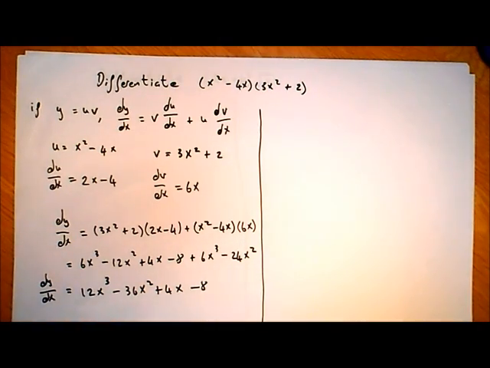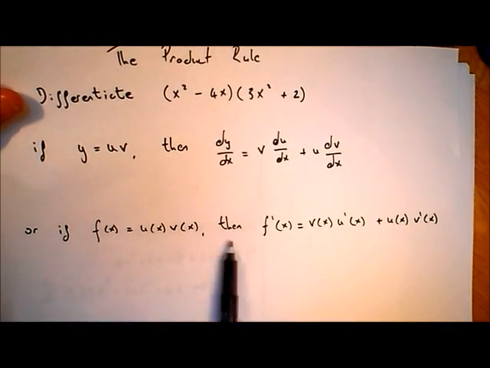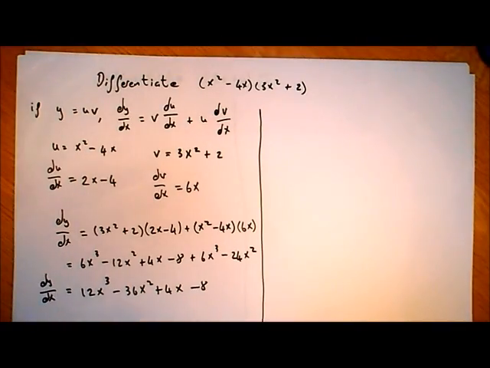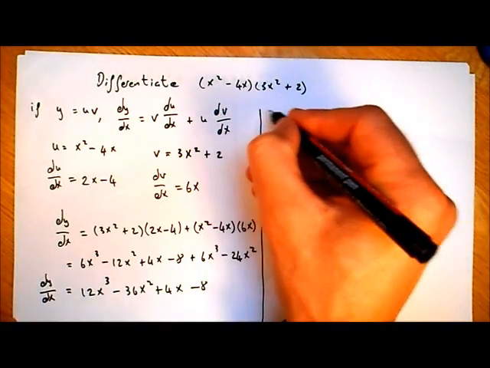Okay, we'll do the same question, but this time we're going to use the f of x notation. So let's first of all write down the product rule using function notation.